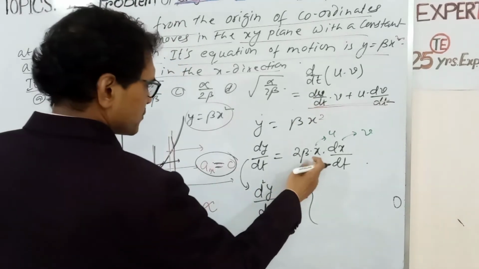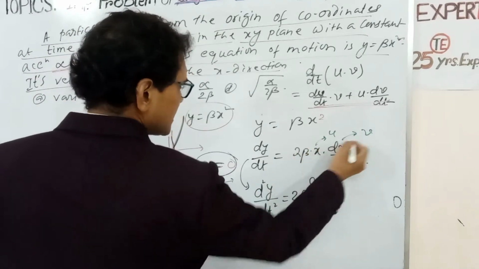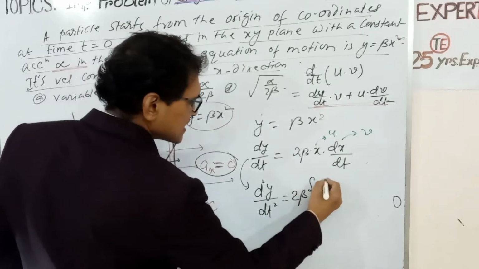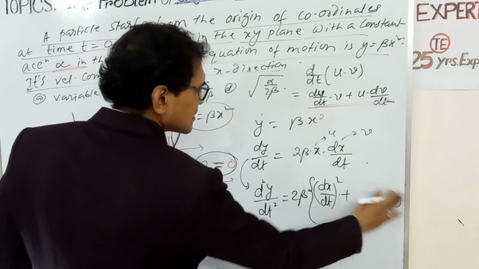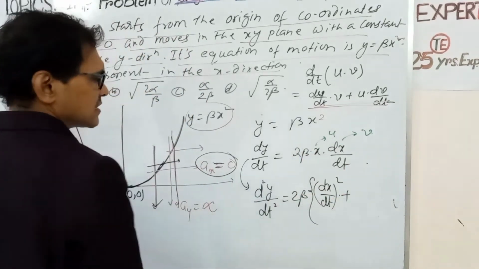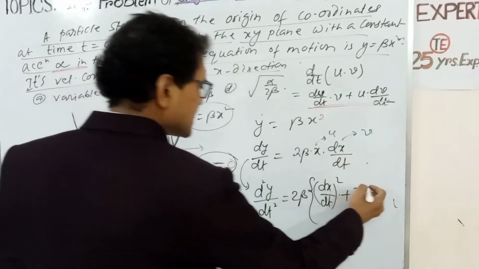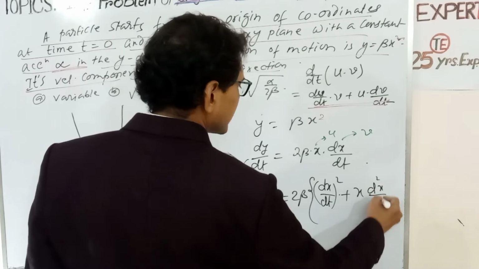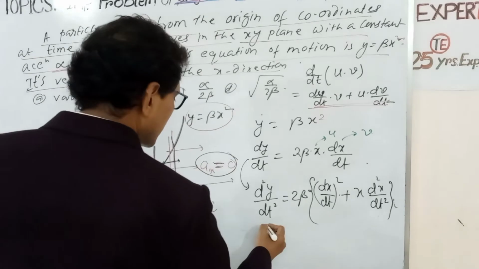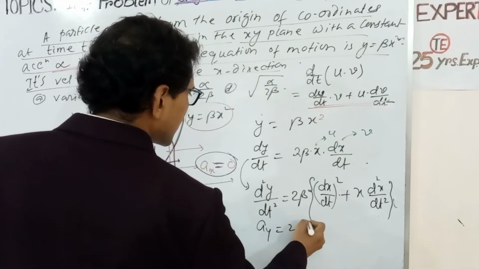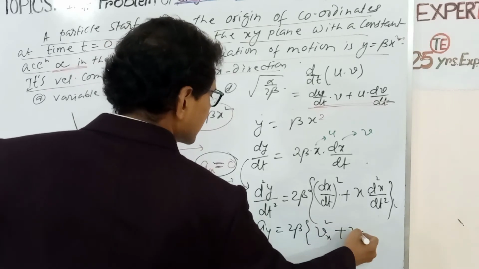So from this, if we again differentiate both sides, this is constant, this is u and this is v. The differentiation of this is dx by dt, and this is constant, so we can write dx by dt multiplied by dx by dt, that is dx by dt whole square, plus x into d2x by dt square. Now d2x by dt square is ax, and this is ay, so ay equals 2 beta vx square plus x into ax, with ax equal to 0.